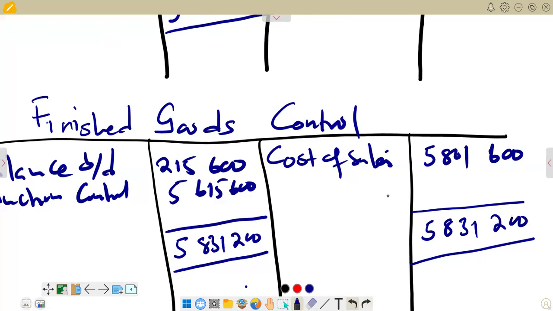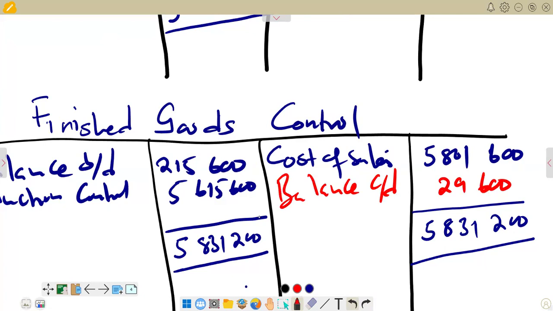Then we can say 5,831,200 minus 5,801,600, and then we get a balancing figure, which is going to be our balance carried down. So we subtract there, and we are supposed to get 29,600. So this is what we have according to the finished goods account.